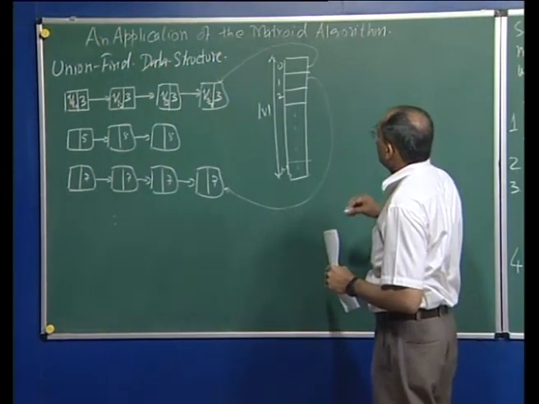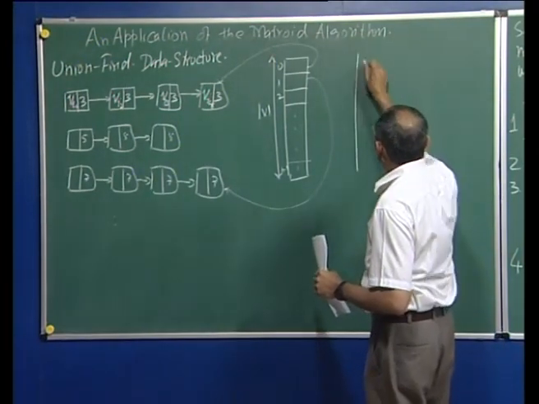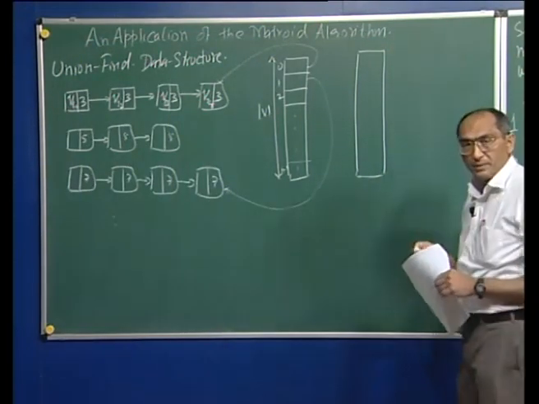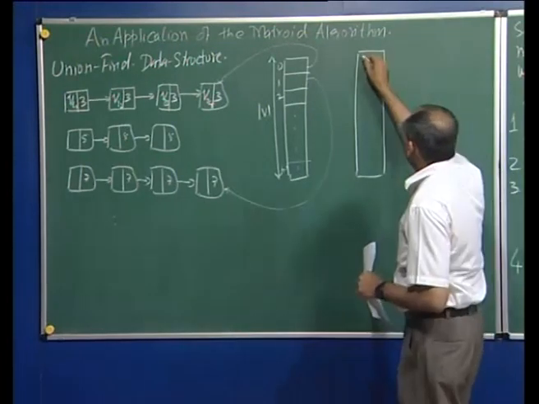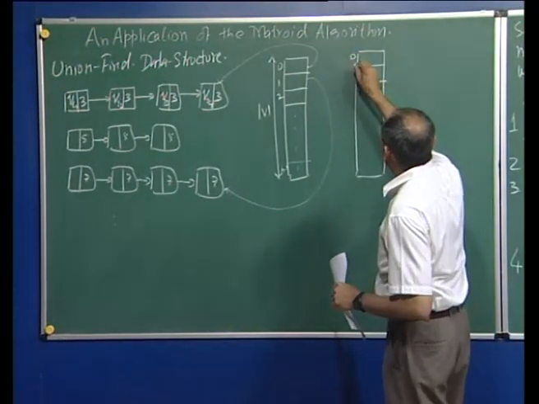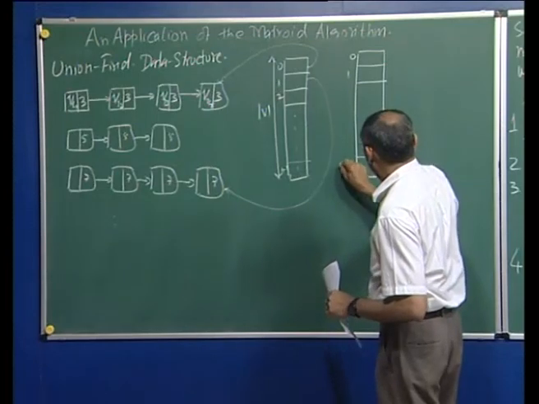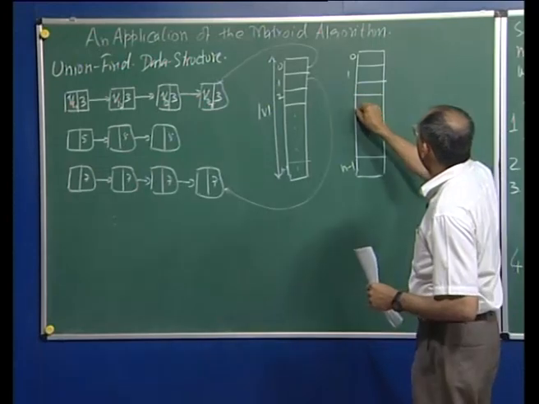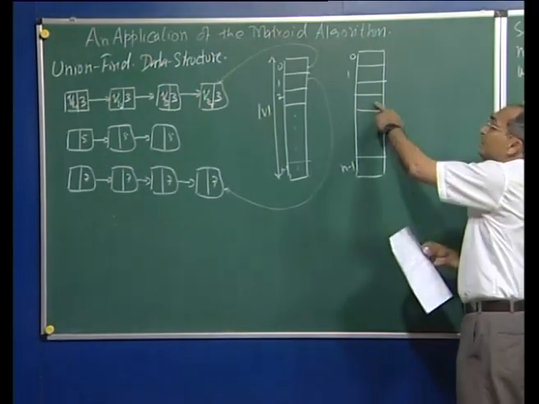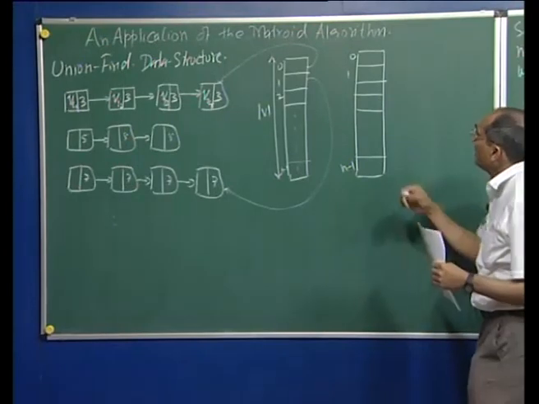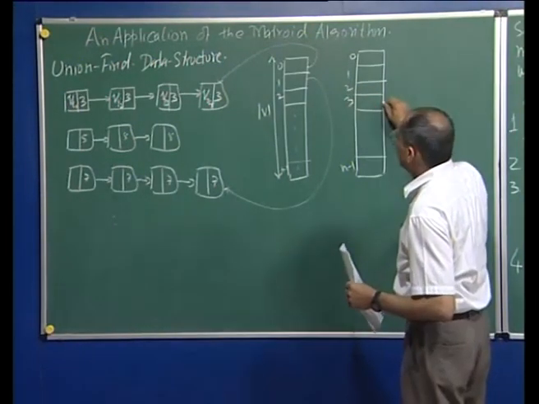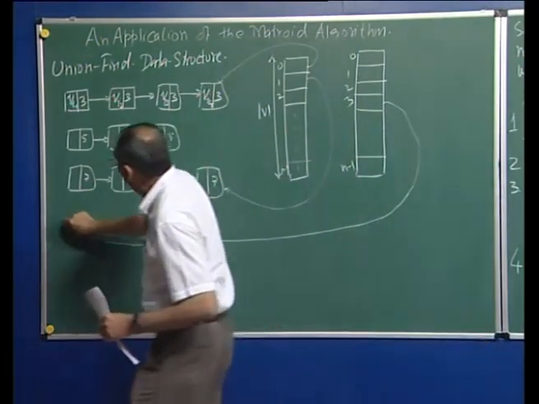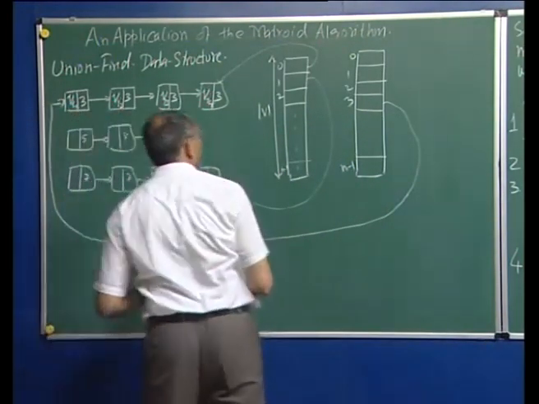In addition to this, we will have another array where we will have the same size and these will be the identifiers of the set. So, we have 1, 2, 3. So, this will be pointing to the start of linked list 3 corresponding to 3.